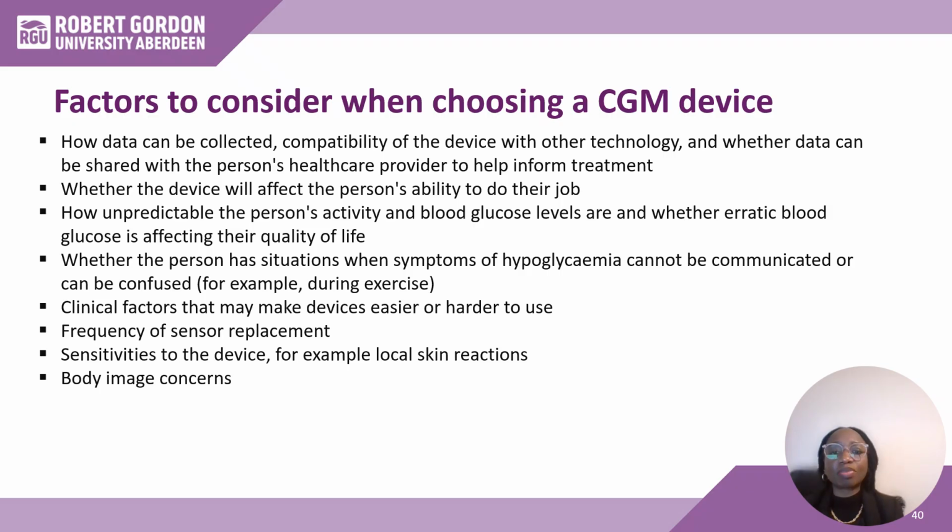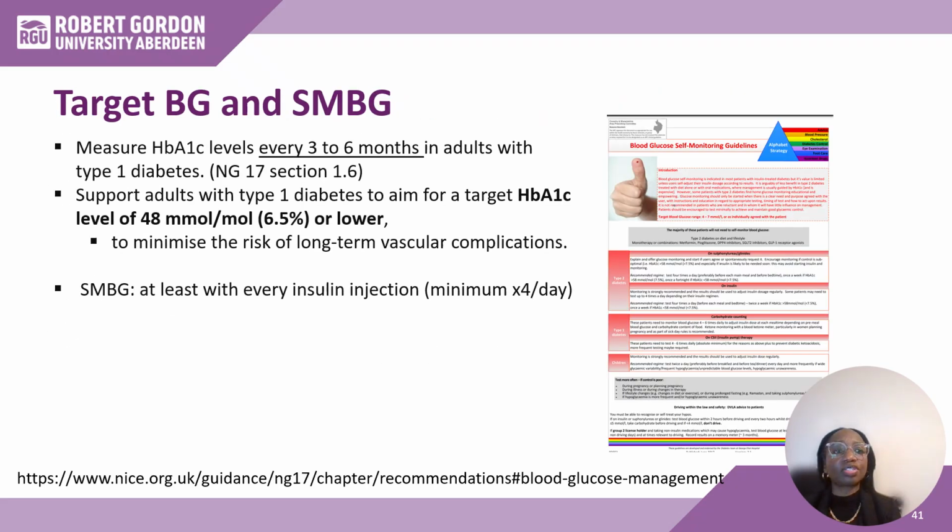It just depends on the job the person has, how predictable the person's activity and blood glucose levels are, and whether erratic blood glucose is affecting their quality of life, whether the person has situations where symptoms of hypoglycemia cannot be communicated or can be confused, for example, during exercise, clinical factors that may make devices easier or harder to use, frequency of sensor replacement, sensitivities to the device, for example, local skin reactions, because there's something you have to continuously wear. And also, we have body image concerns, especially for the younger generation who have to use these devices. This has to be considered.